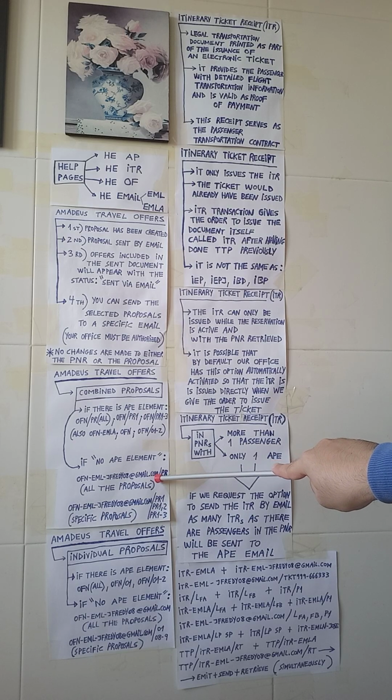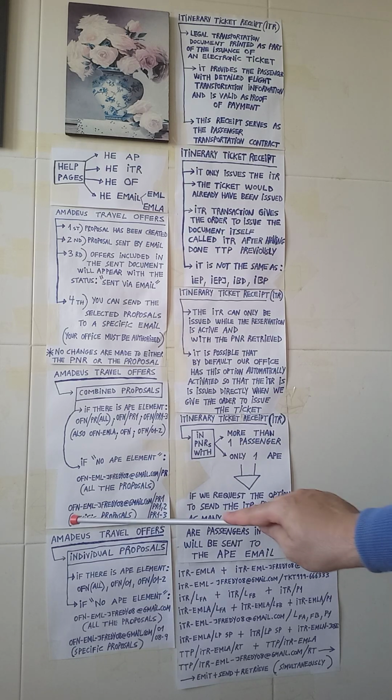OFN-EML- the email address /PR at the end of the transaction. This transaction is used to send all available offers to the email address shown in the transaction, which was provided by the client at the last minute.